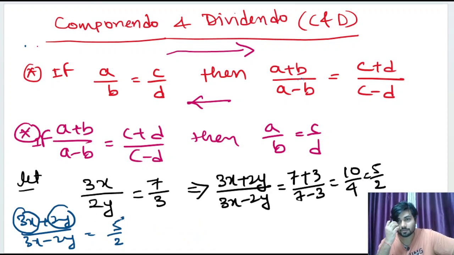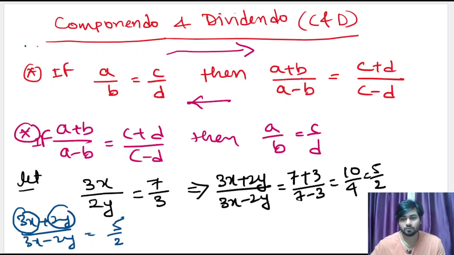No issues? Anybody having any issue here? Here it is 5 by 2, not 5 plus 2. Let me simplify this for you, so it will be easy for you. See, I can write 5 by 2 as 10 by 4 again, right?